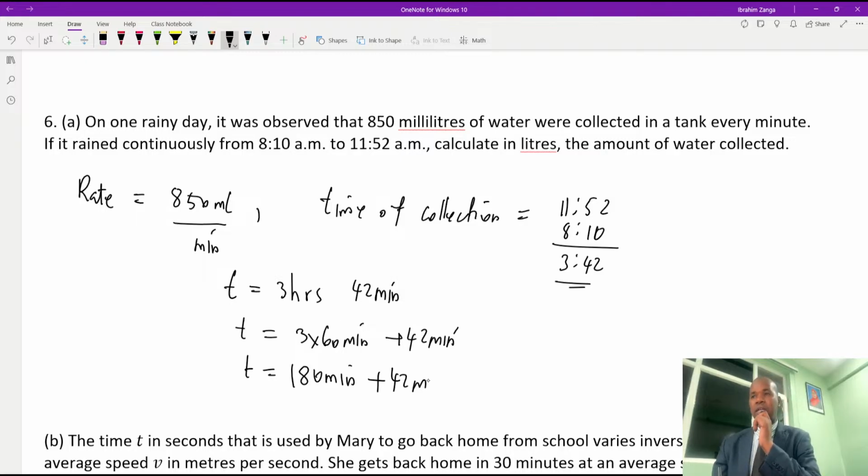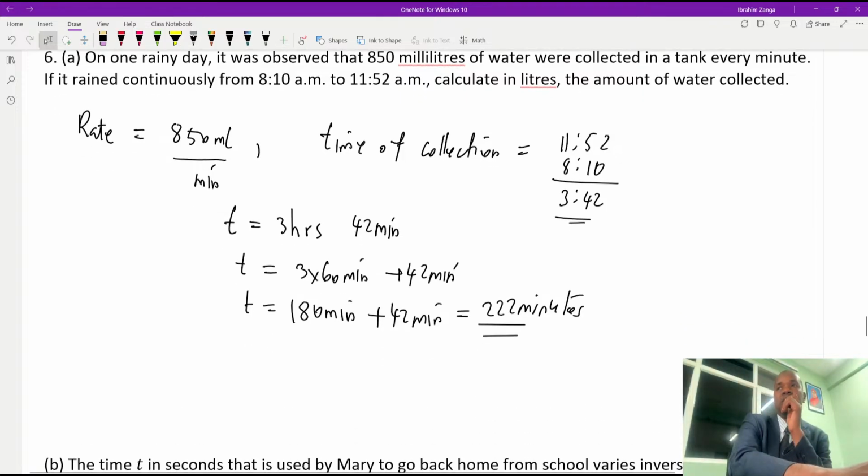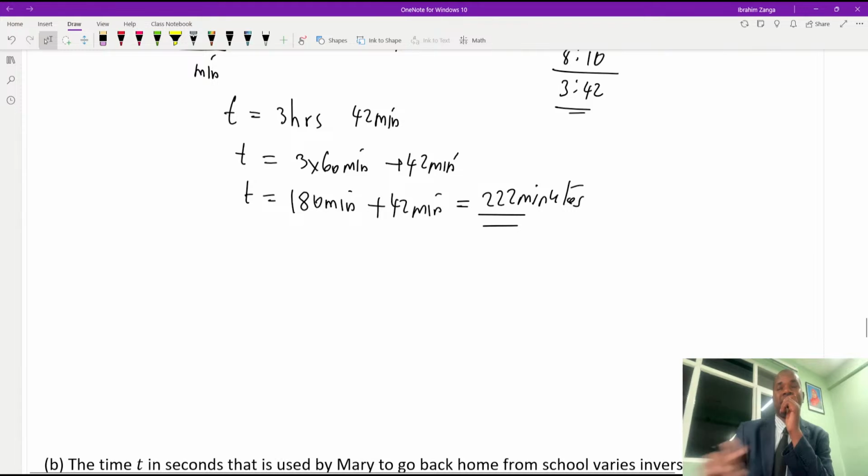And when you add them together, you have 222 minutes. So we are looking for the total amount of water collected in liters.